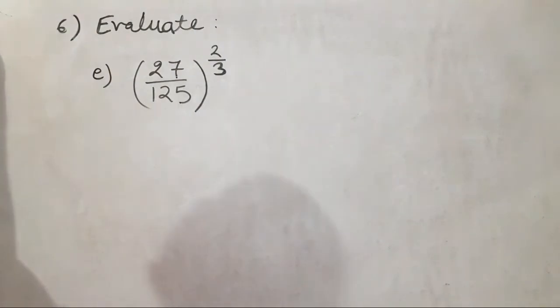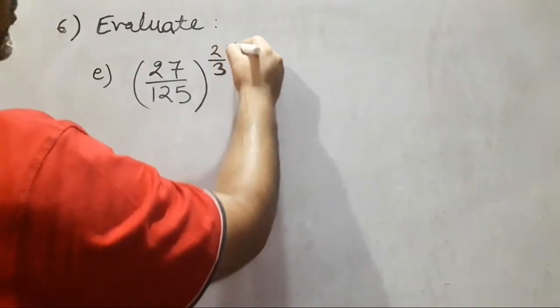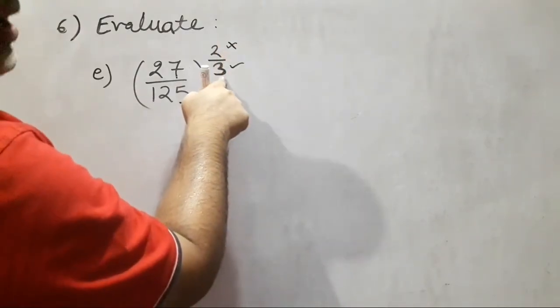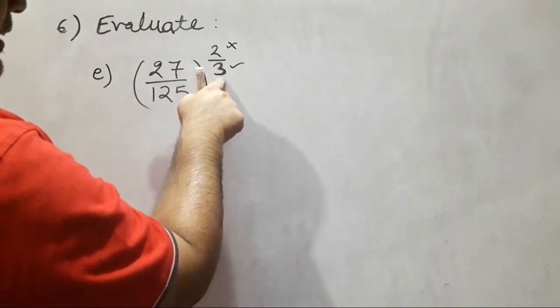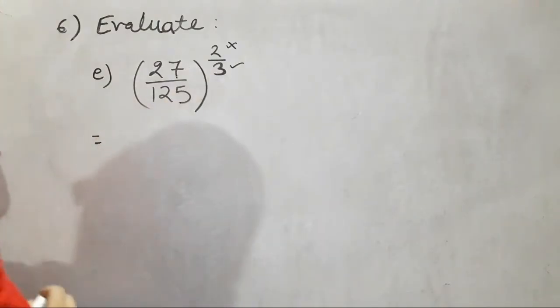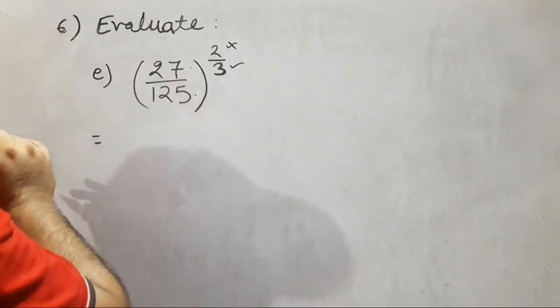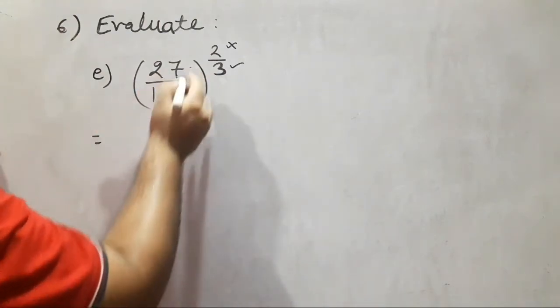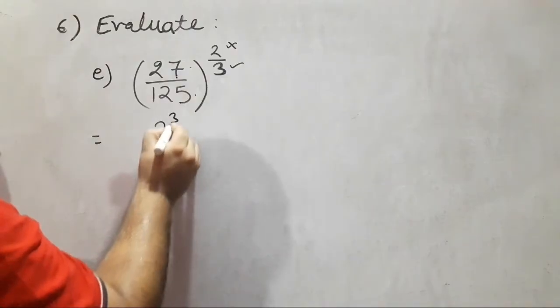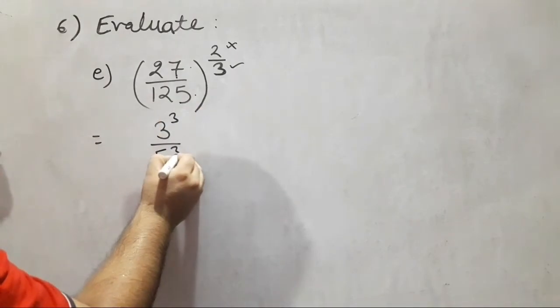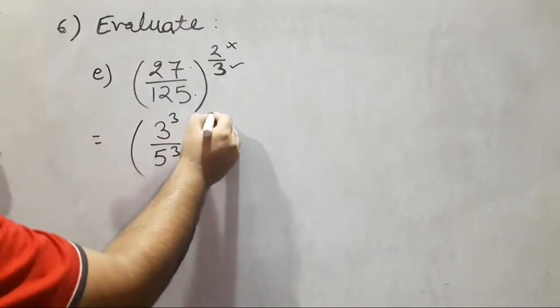The next question, 27 by 125 bracket power 2 by 3. Now in the power there is 2 as well as 3. We shall ignore this 2 and focus only upon 3 because I have to cancel this 3. Now I have to convert this 27 and 125 into the base containing the power 3. So 27 can be written as 3 power 3 by 125 can be written as 5 power 3 bracket 2 by 3.